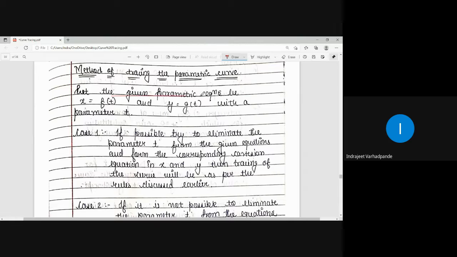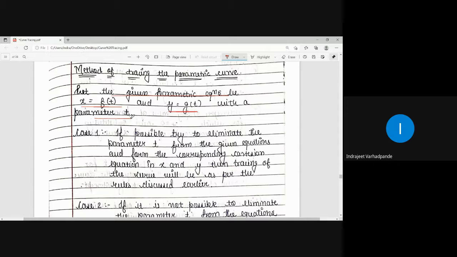Let the given parametric equation be x equal to a function of t and y equal to a function of t, written as x = f(t) and y = g(t) with a parameter t. As I told you, parametric equations are expressed in the form of x as well as y, and they are in turn expressed in a third variable, usually called a parameter.